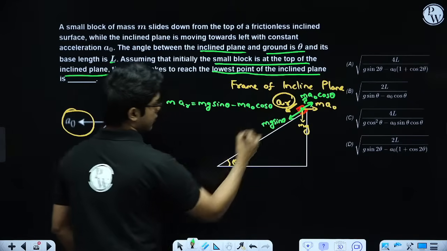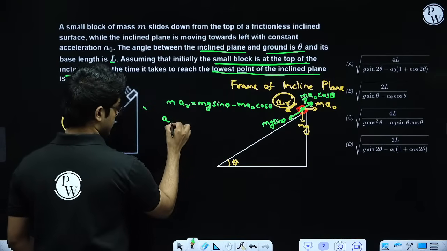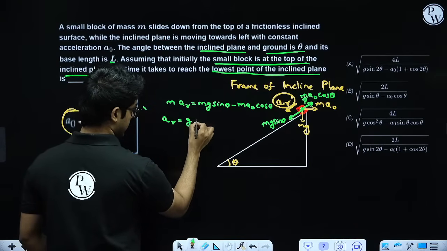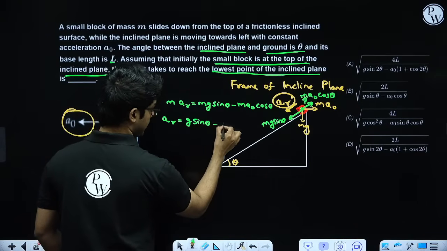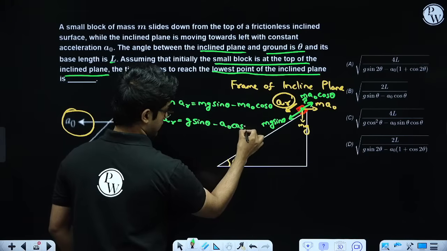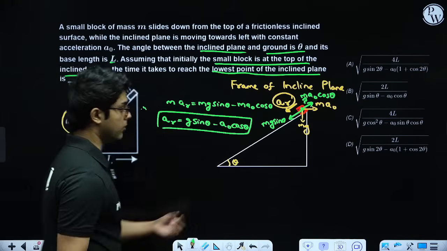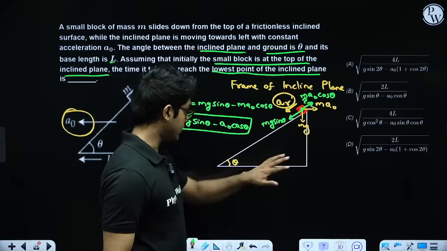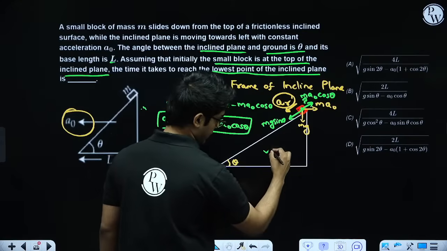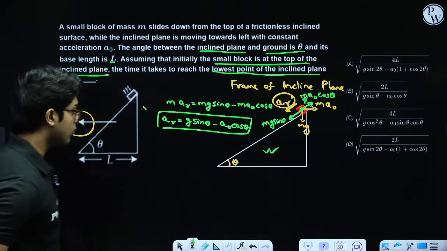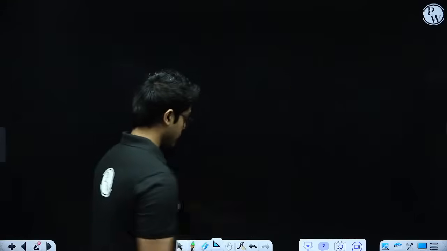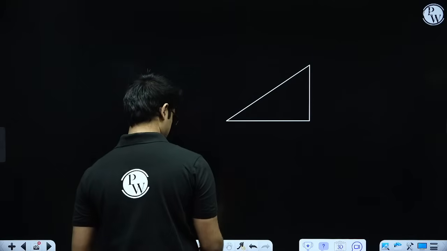From here the relative acceleration is going to be g sine theta minus a naught cos theta. This is the relative acceleration of the block if we are observing from the frame of the inclined plane. Now once we know the acceleration, it's just kinematics.